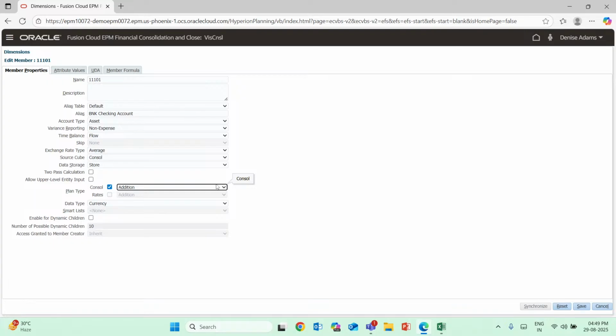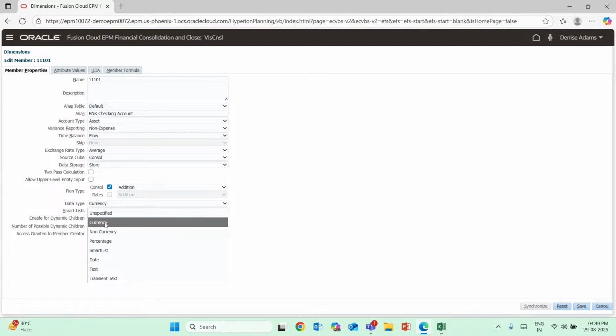Then data type, this is currency. When we enter our accounts that will have the data in currency, then we will make it a currency. In case we are entering non-currency data, which of course won't be a ledger account, it would be like head count, number of people, 1, 2, 3, 4 like this, and unspecified, like drivers.